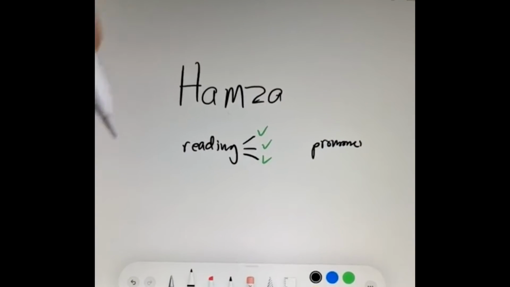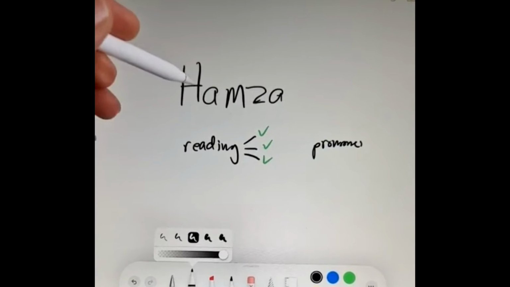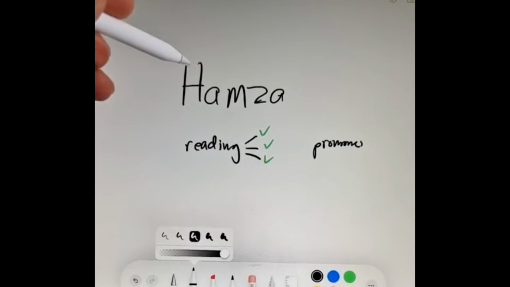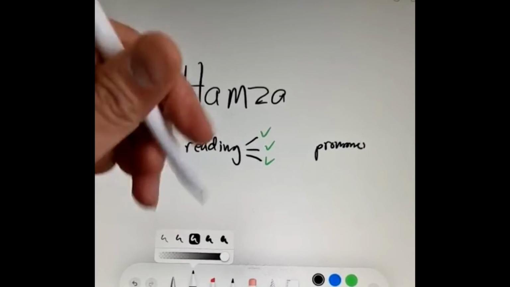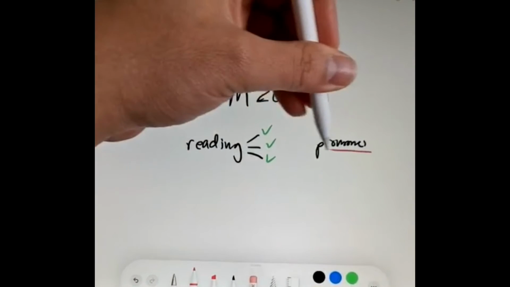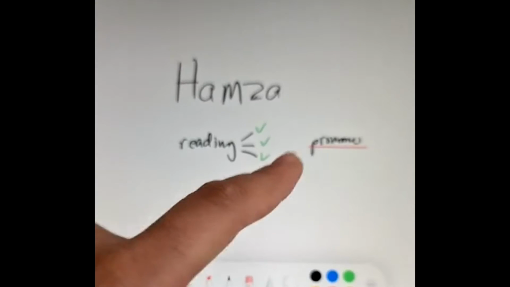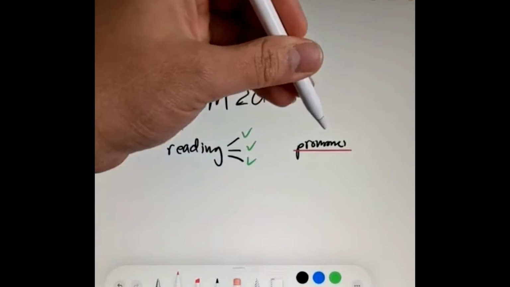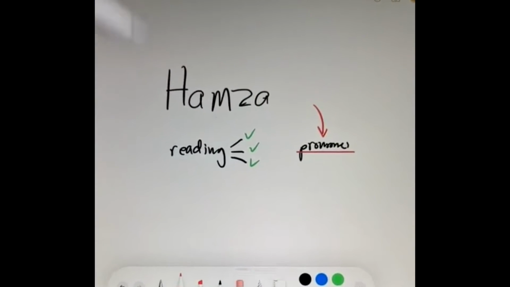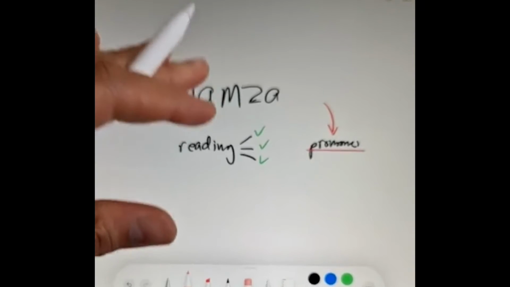You see there, people are pronouncing it in 3 different ways. That's why we need to learn how to pronounce letters properly, so we don't make the same mistake we make in other languages.